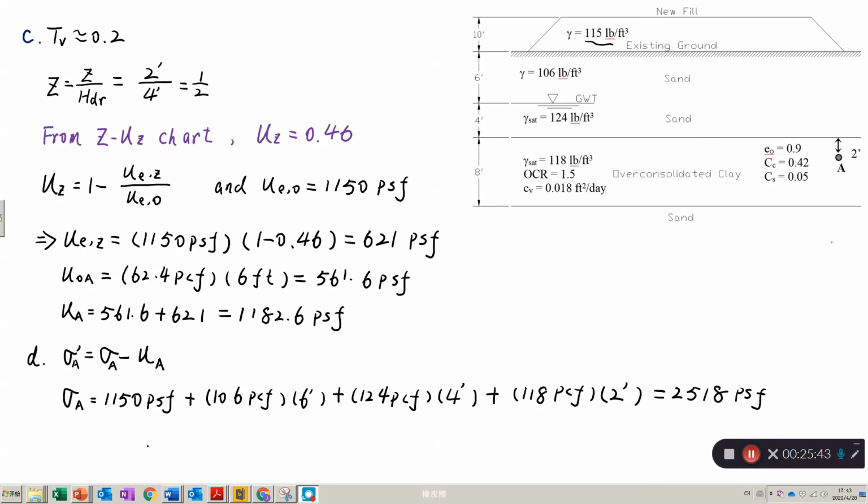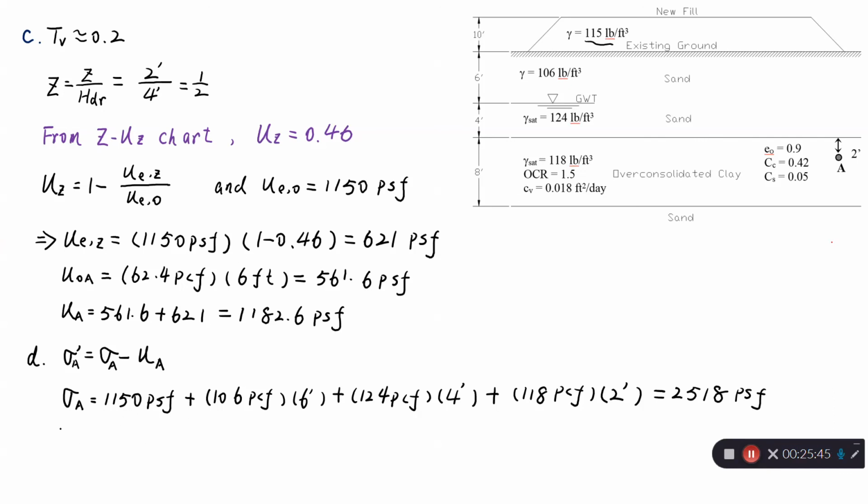Okay, and then the effective stress is just going to be the difference between the total stress and the pore water pressure.